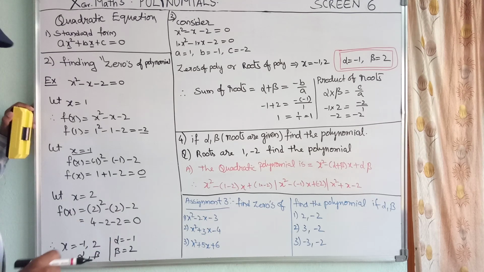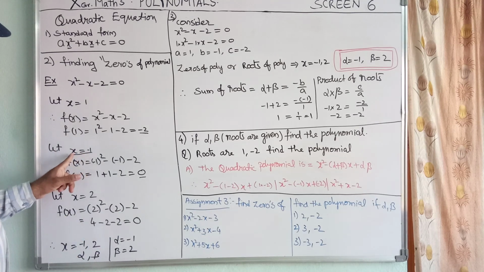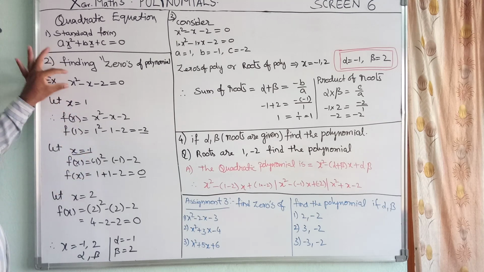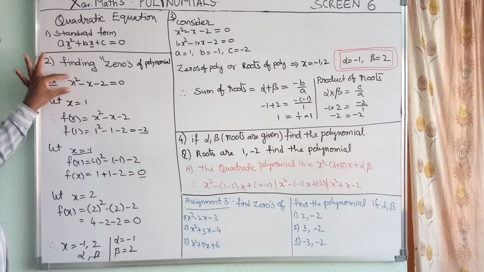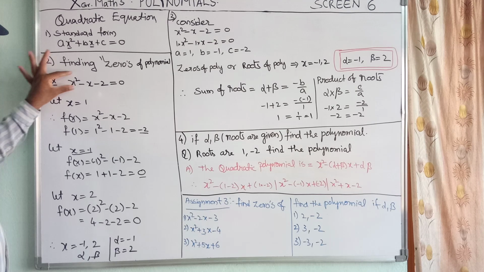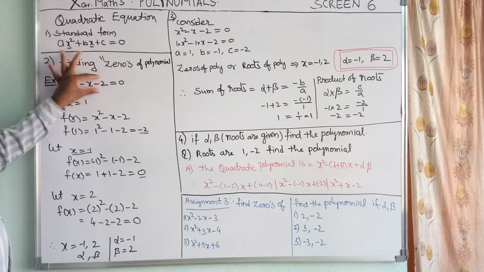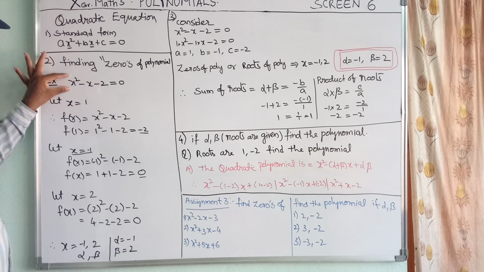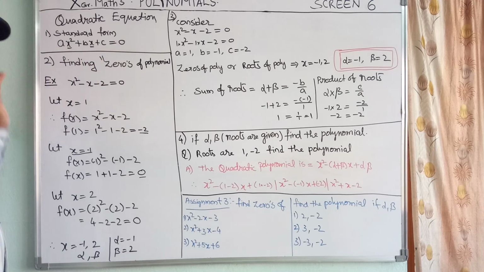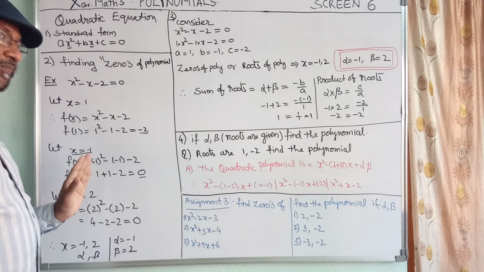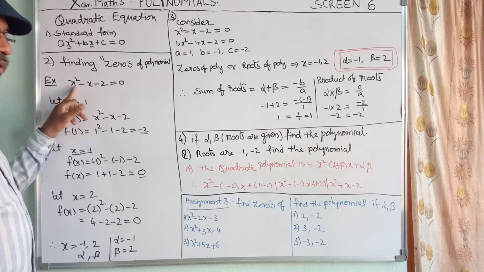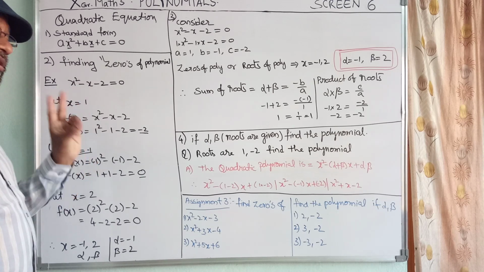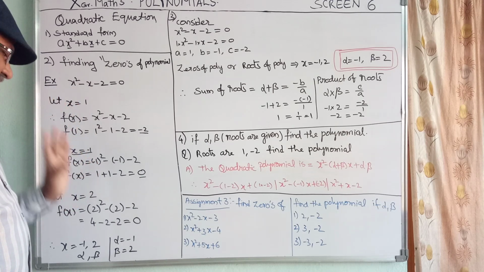What does it mean? If you substitute the x value −1 in the first equation, the whole polynomial becomes 0. For a quadratic equation, possibly there will be two values of x.